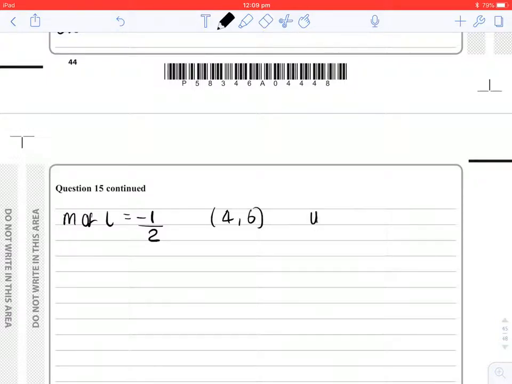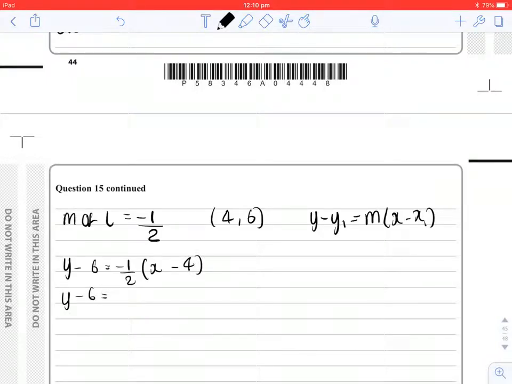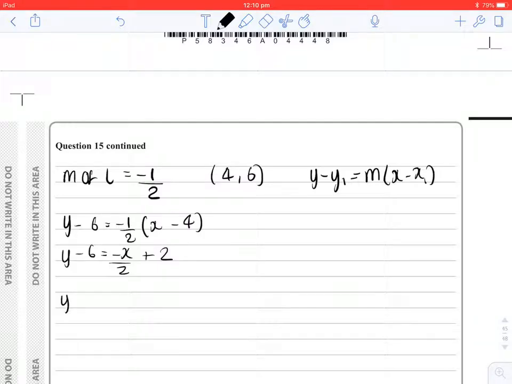So we can use y minus y1 equals m lots of x minus x1 to find the equation of the line. We've got y take away 6 equals minus a half lots of x take away 4. So y minus 6 is equal to minus x over 2, add 2, and so y is equal to minus x over 2 add 8 as the equation of our line.